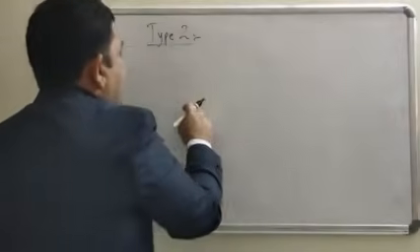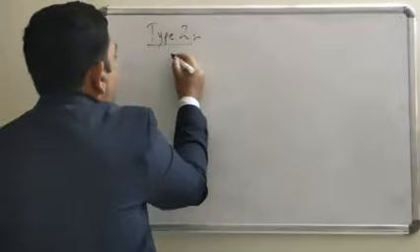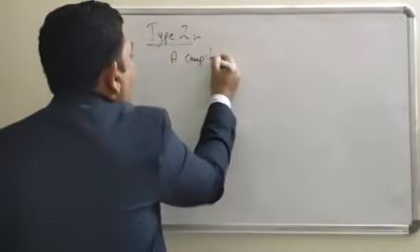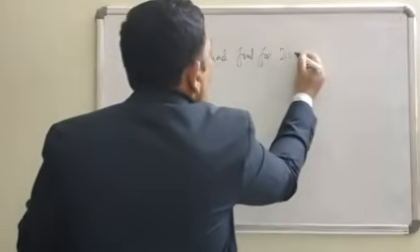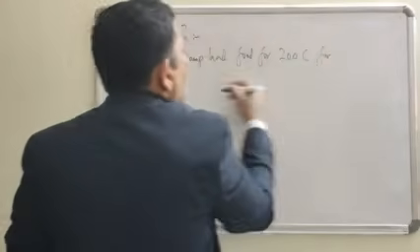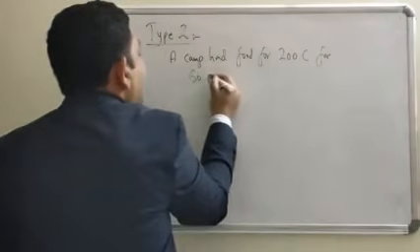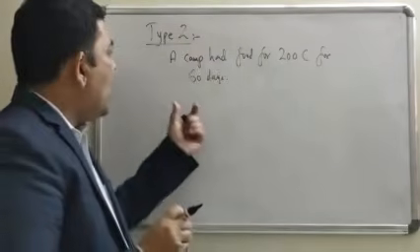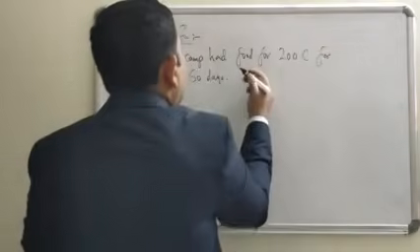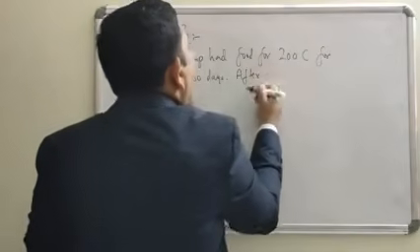All right. So what is type 2? Type 2 is like this. A camp had food for 200 children for 60 days. All right. Please listen to the question carefully. A camp had food for 200 children for 60 days.